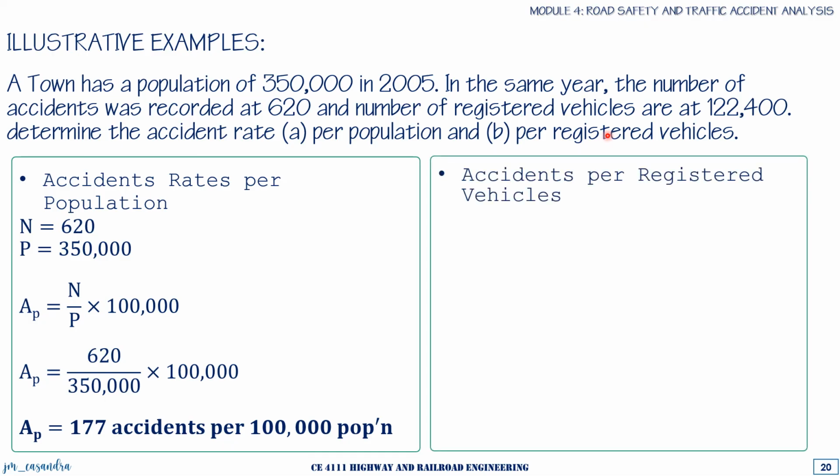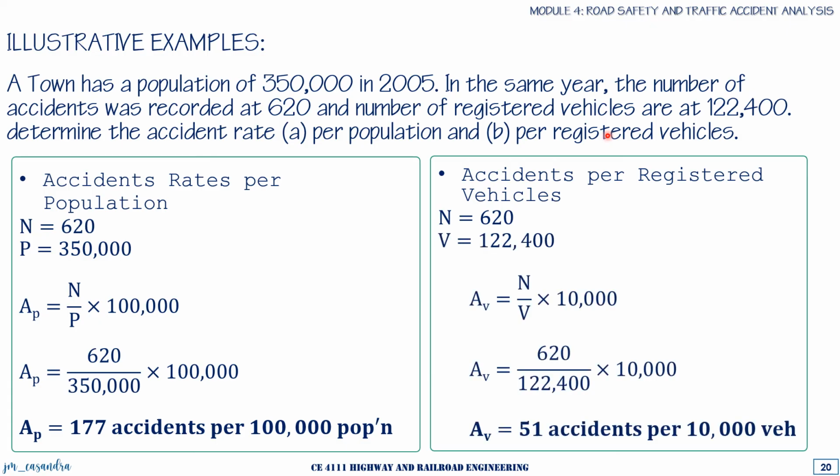For letter B, the accident rate per registered vehicles would now be, we have 620 number of accidents, total number of vehicles is 122,400. So just apply our equation, A sub V, or the accident rate per vehicle is N over V times 10,000. So we have A sub V now equal to 51 accidents per 10,000 vehicles.